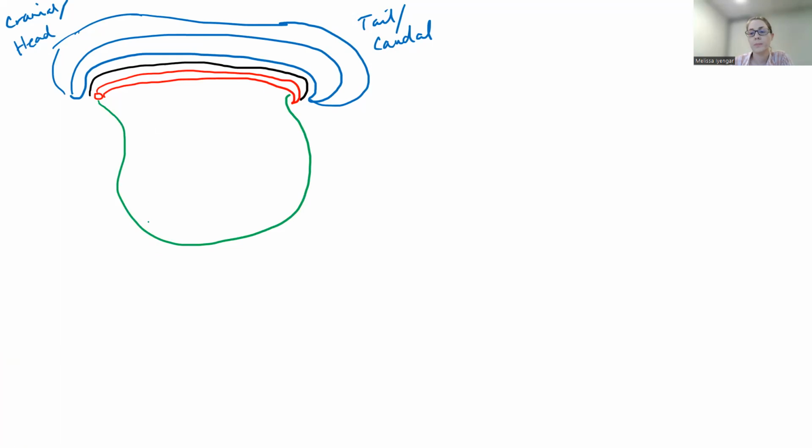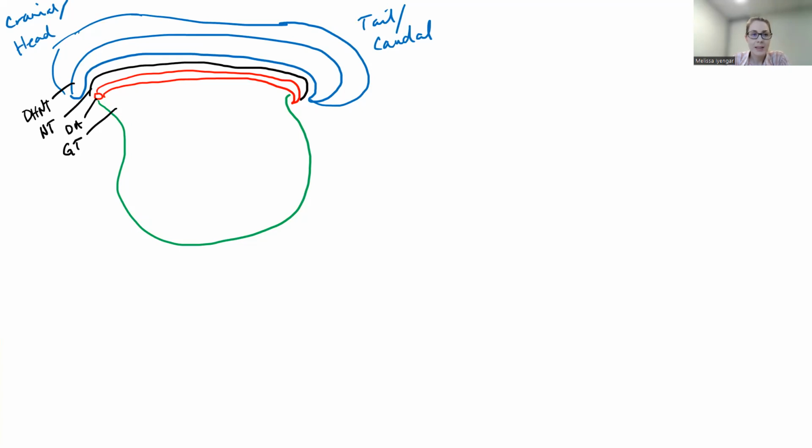So this is our gut tube. At this point, we still see that basic organization from dorsal to ventral. And I'm just going to label that with some abbreviations: dorsal hollow nerve tube. This is my notochord. This is my dorsal aorta. And then this is my gut tube, okay? Don't use abbreviations on your test. I told you that already, right?